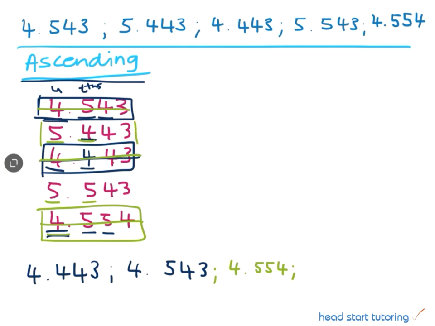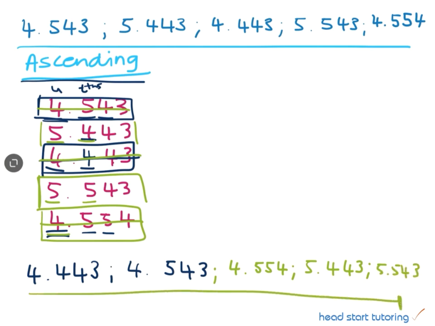So obviously this number is going to be next. 5.4 is smaller than 5.5. And then obviously we've got our 5.543. So there is our answer when we are ordering these decimals into ascending order.